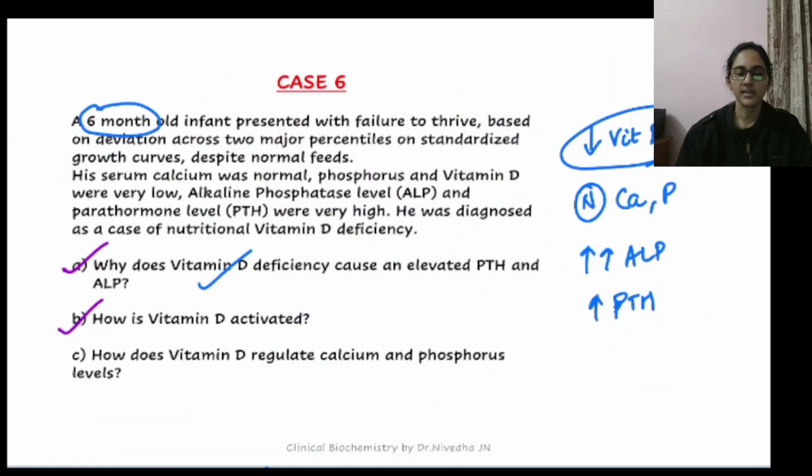And how does vitamin D regulate calcium and phosphorus levels? That also we have seen in intestine, bone and kidney. What is its action? So finally, it increases calcium and phosphorus in your circulation. That's the activity of your vitamin D, right?